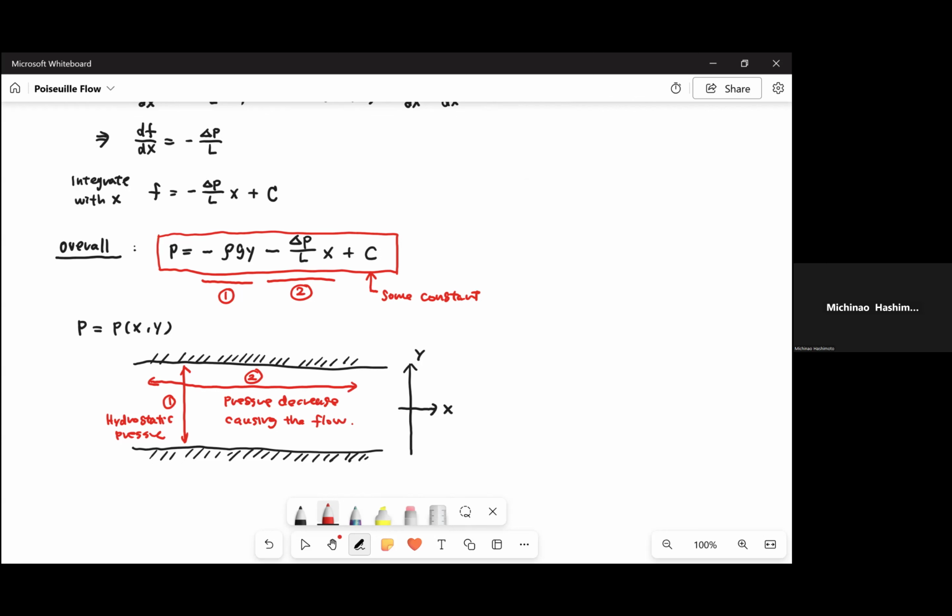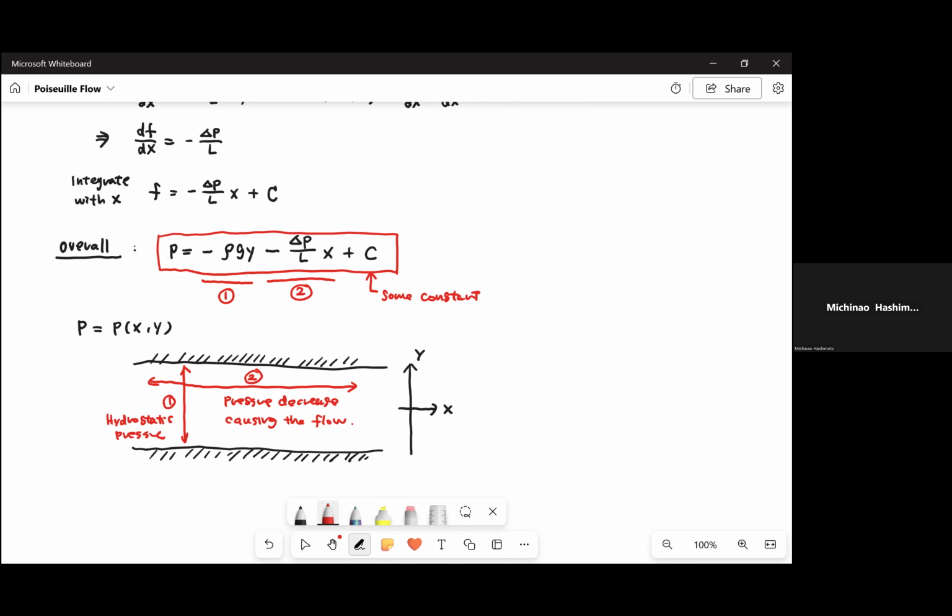The vertical distance part describes the hydrostatic pressure, which is the same as the liquid hydrostatics we learned in week 2. And along the x-axis, we do have the pressure gradient. But this pressure gradient is causing the flow, which is flowing in the x direction. So that is the second part.